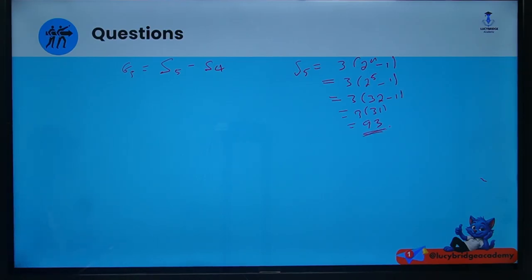This is S5. Let me find S4, which is 3 times (2 to the power of 4 minus 1), which is 3 times (16 minus 1). 3 times 15 is 45.